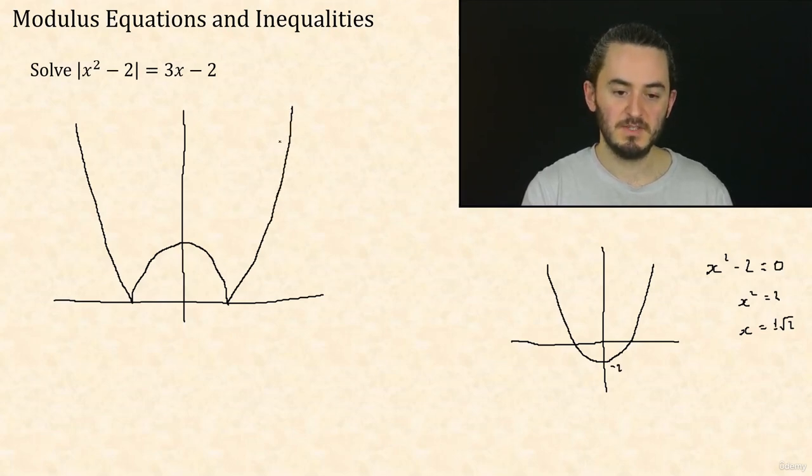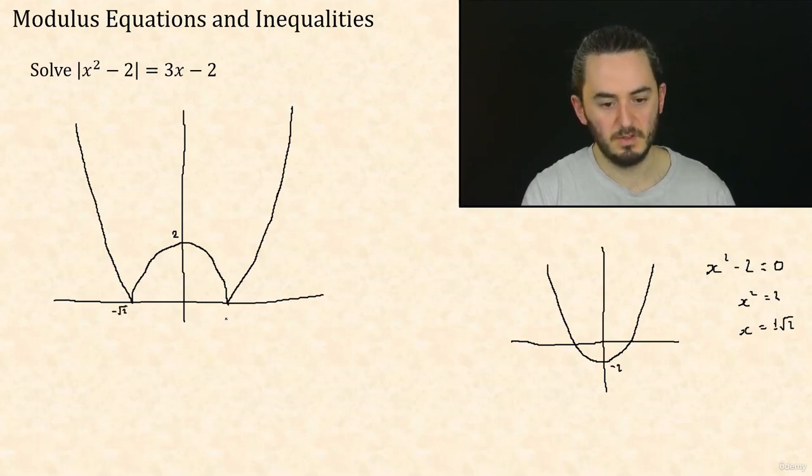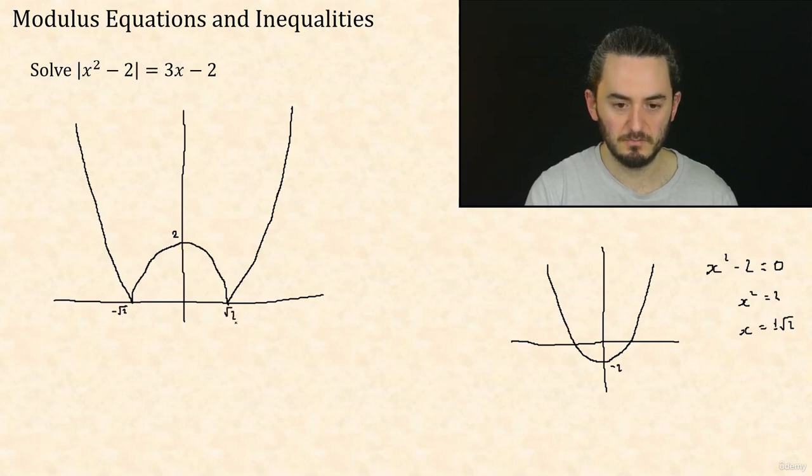All right, so there is the graph of mod x squared minus 2, and let's get some key points in here. That is y equals 2, that is minus root 2, and that is root 2.